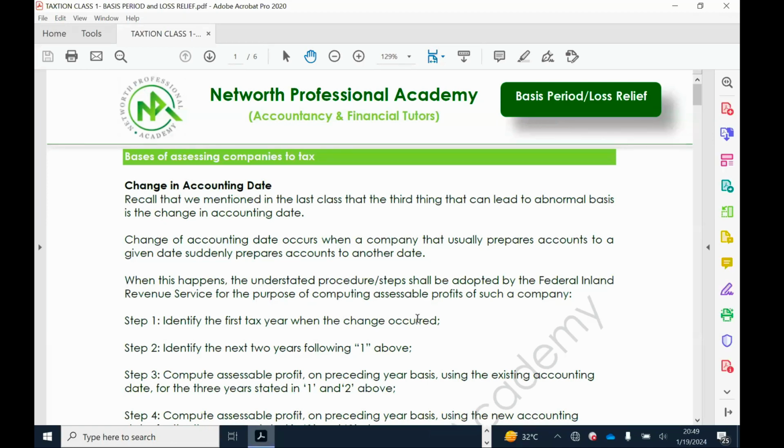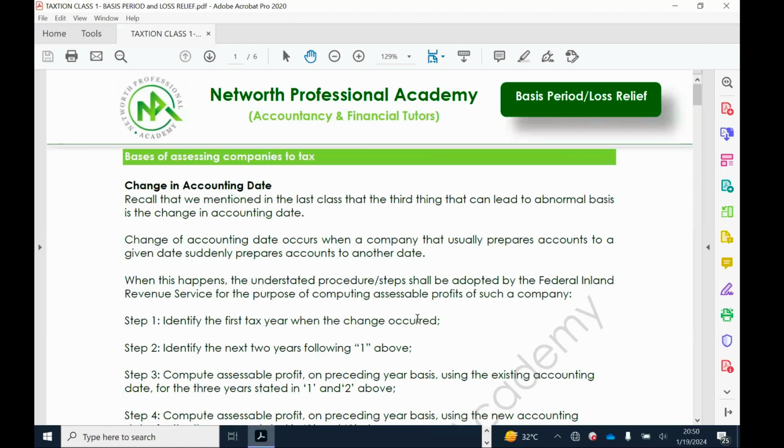So that's another reason why we can have an abnormal basis. Just look at the way it sounds: abnormal. When we say something is abnormal, it means that it is not something that should occur on a normal day. If everything is equal, a basis period should be 12 months.